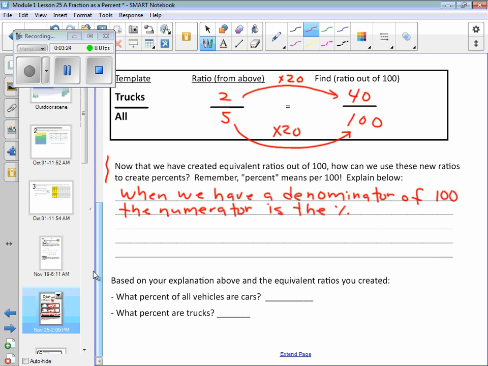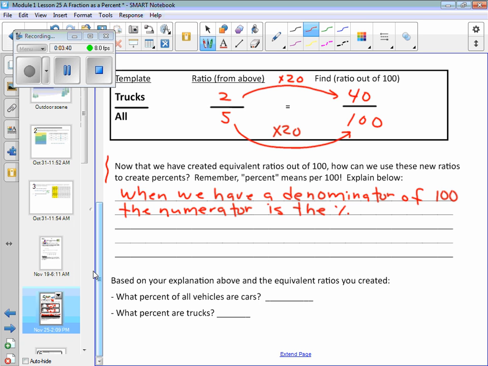When we have a denominator of 100, the numerator is the percent. So that's going to really be our goal.